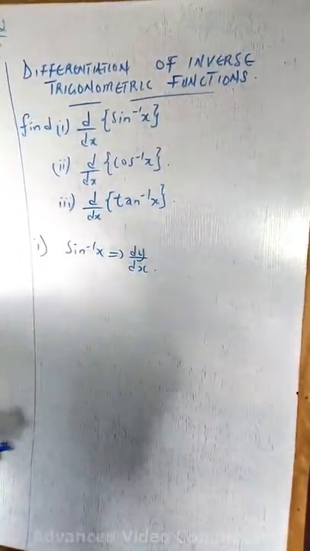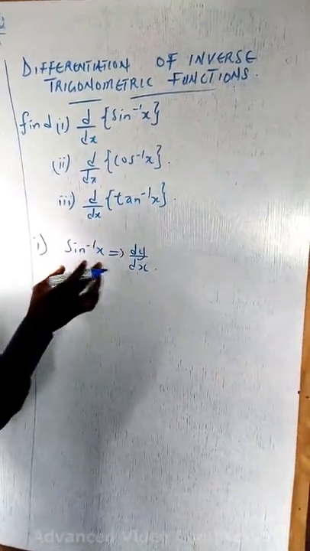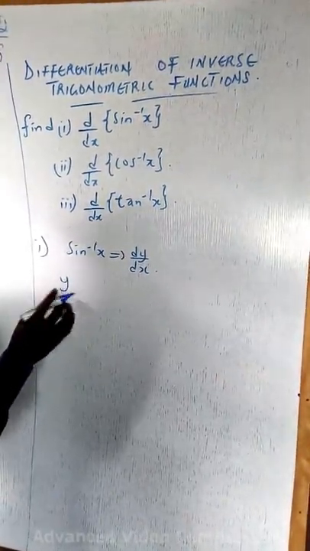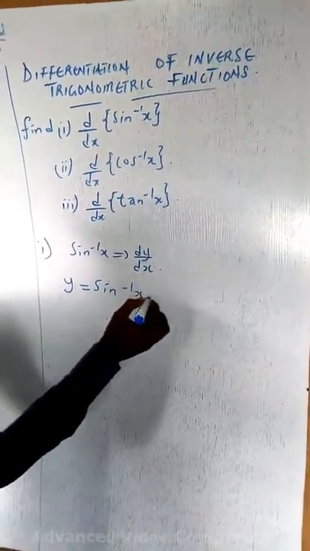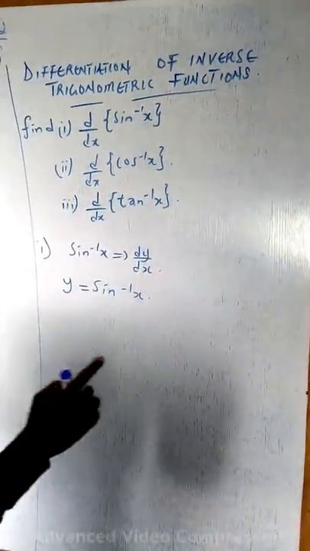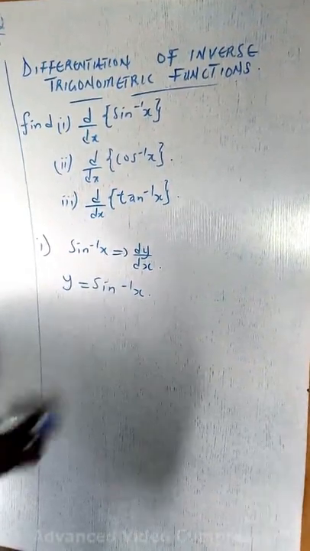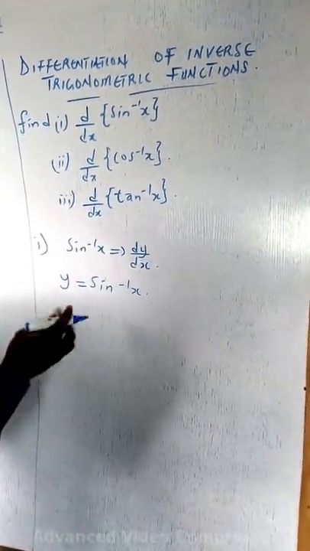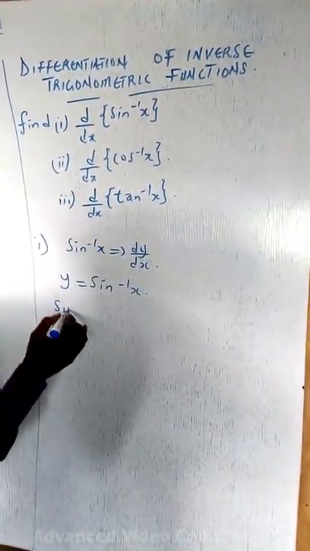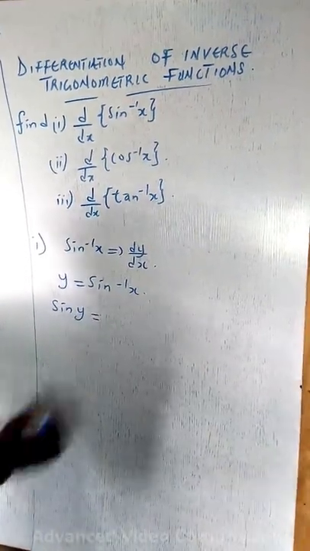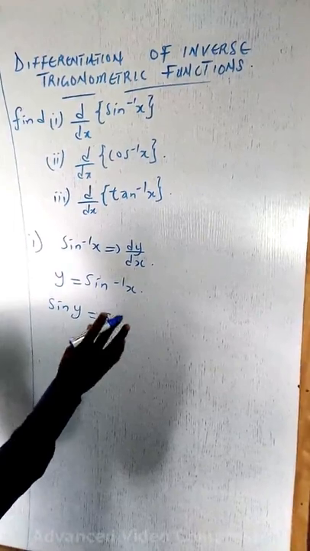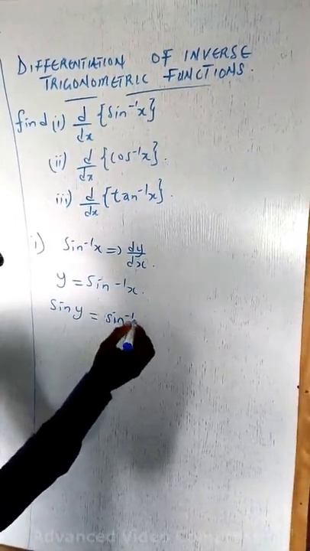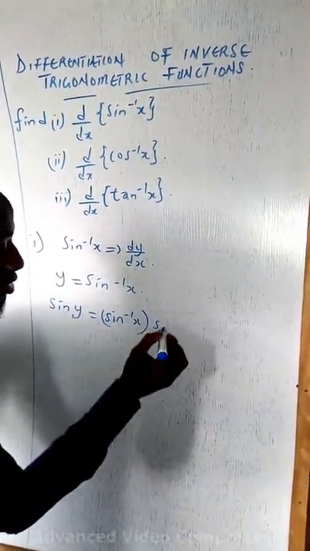Now, the first thing we can do is express this function with a dependent variable y equal to a function of x, which is this. That's the first step. The next step is to get rid of this inverse by multiplying both sides by sine. So we have sine y equals sine of arc sine x.